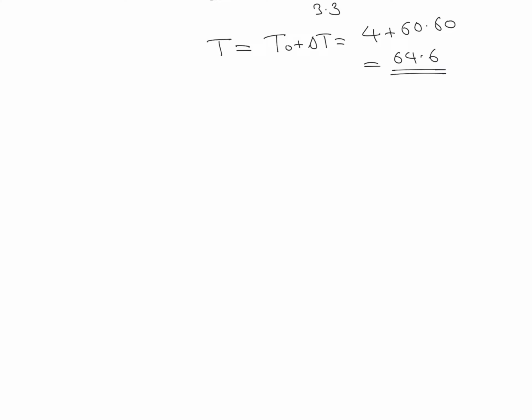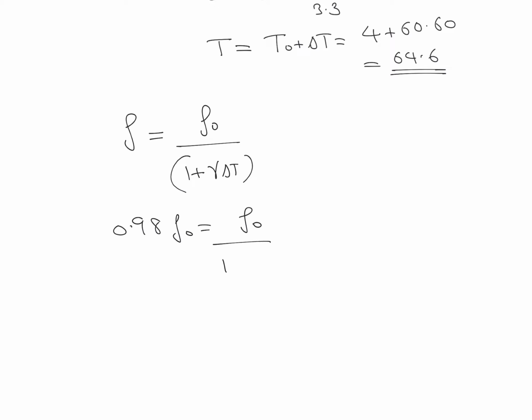Now if you want to find the exact answer without any approximation, we can use the exact equation, that is density is equal to initial density divided by 1 plus gamma delta t. Using the actual equation, 0.98 times the initial density is equal to the initial density divided by 1 plus gamma delta t.